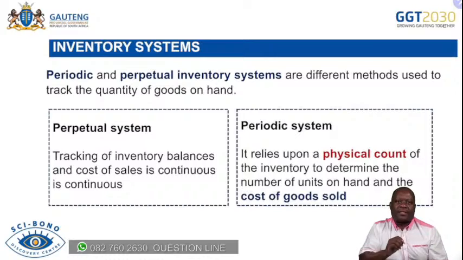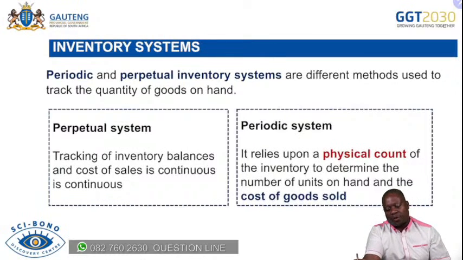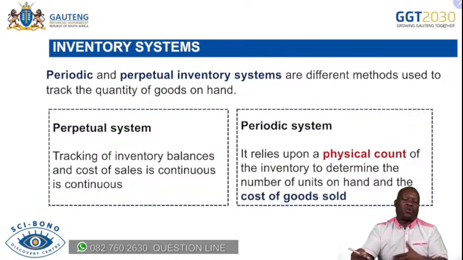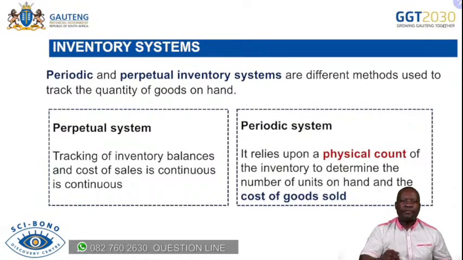It relies upon a physical count of the inventory to determine the number of units on hand. And then using the number of units on hand, we are able to find the cost of goods sold. Perpetual, continuous. Periodic, after a certain period, we go and do a physical stock count.